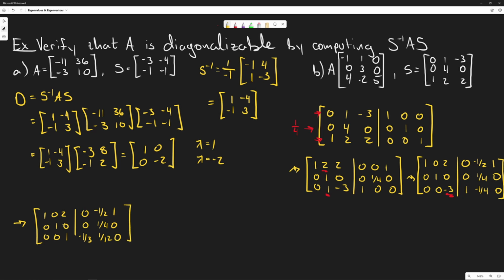And so now that's done, we can finally get rid of this last two. And this will leave us with the identity on the left side. The last two rows remain unchanged, so 0, 1/4, 0.